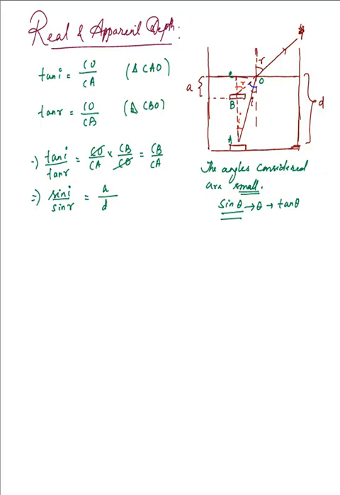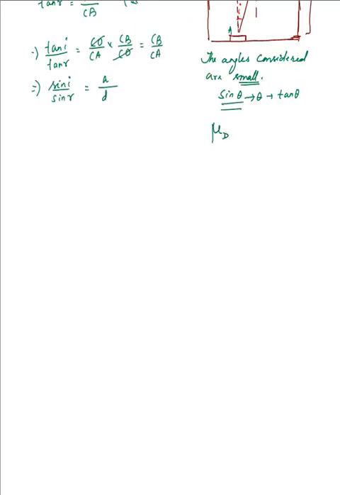Now, for the refractive index of the medium concerned, we will obviously be dealing with the refractive index of the denser with respect to the rarer, and that, let us say, is mu.